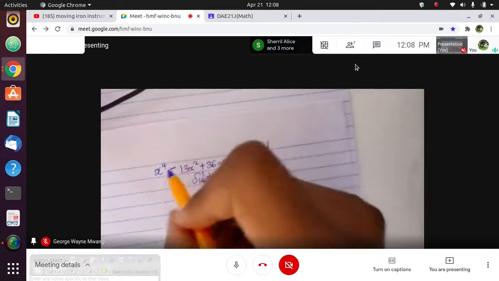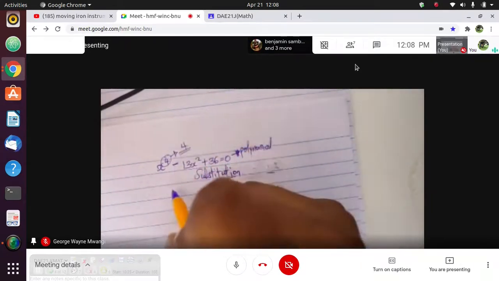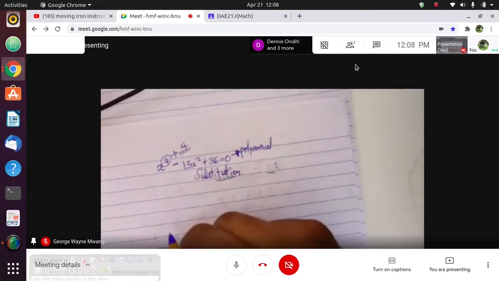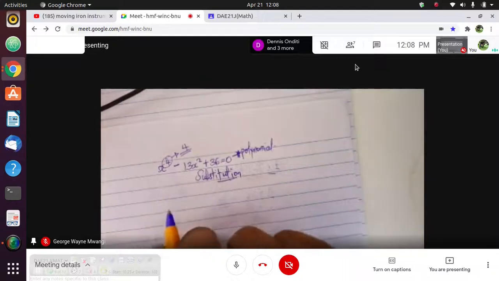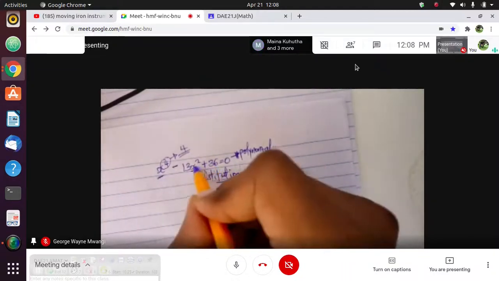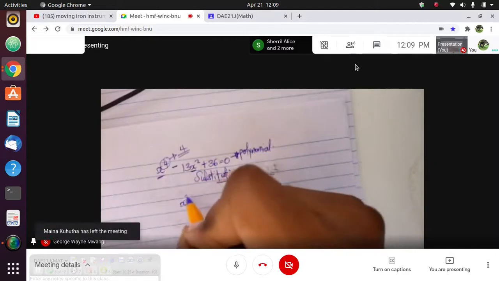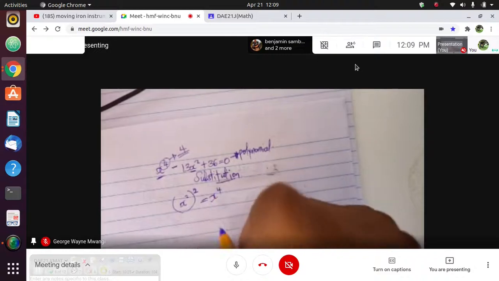This is a polynomial expression whose order is power 4. Now we want to reduce it to become a quadratic expression. And how do we do that? When you look at this x squared and x raised to power 4, this x squared has been raised to power 2 so that we can get x raised to power 4.